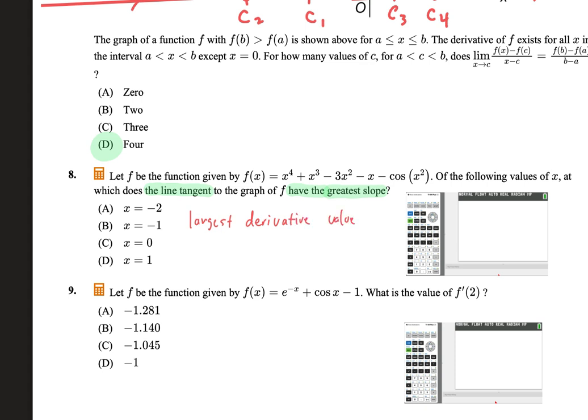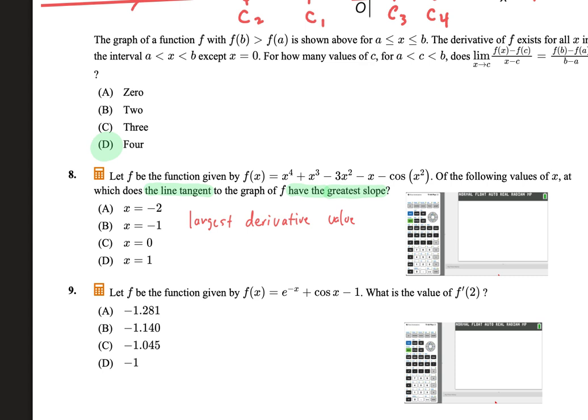They're just saying if you take the derivative of this and you plug in each of these x values, which one is going to have the biggest value, right? Because derivative is slope. Greatest slope is greatest derivative. Same thing. Okay, so you can do it a bunch of ways.